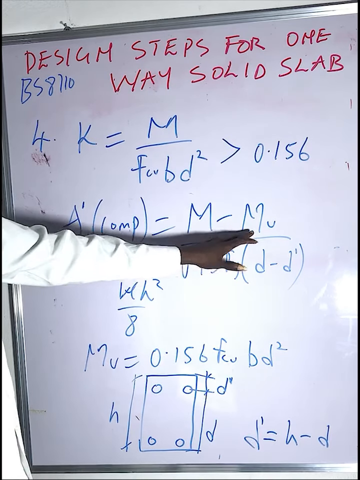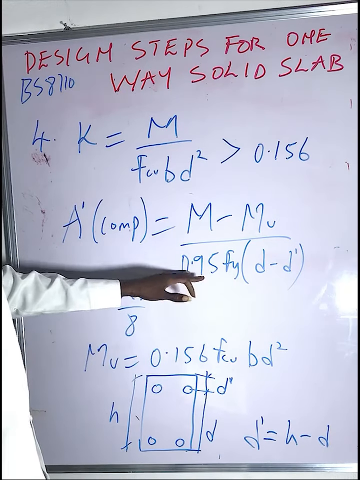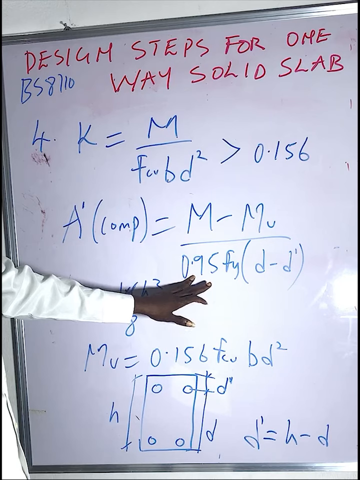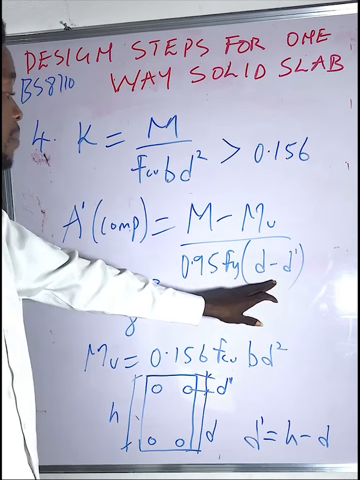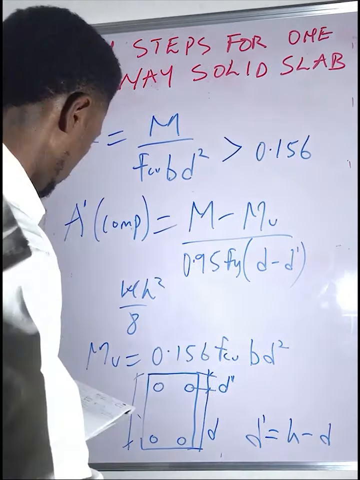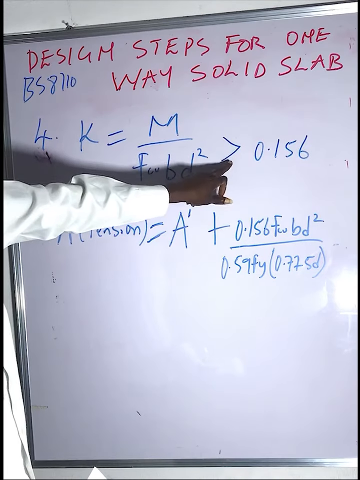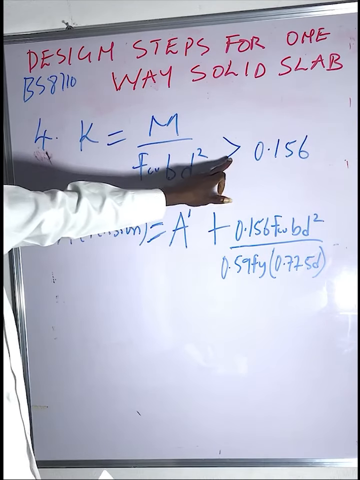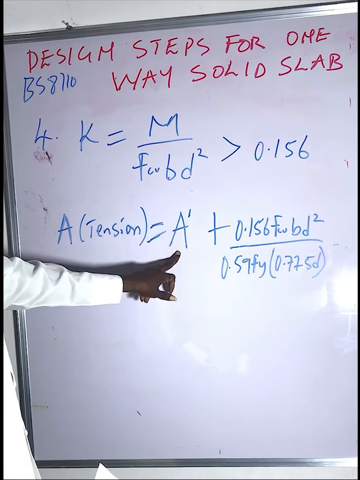So this is how to get the area of your compression reinforcement: maximum bending moment minus MU, which is 0.156 FCU BD squared, over 0.95 characteristic strength of steel times D minus D1. In this case, where your K is greater than 0.156, you get your compression reinforcement.